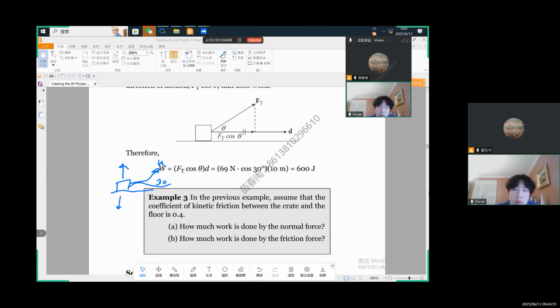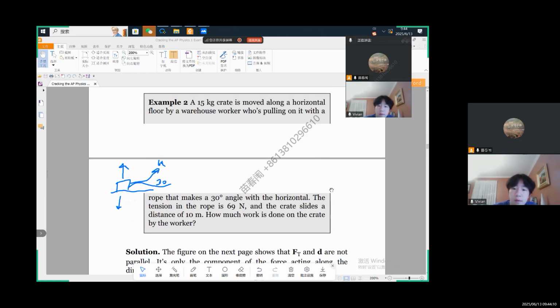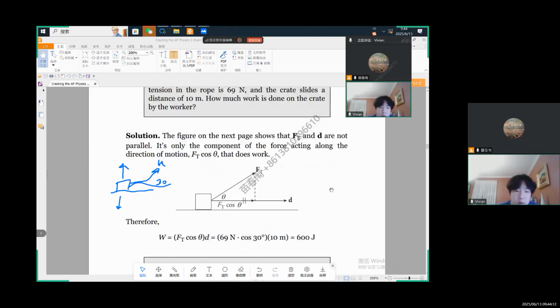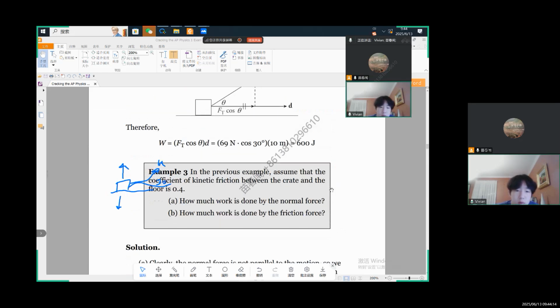Wait, how much did it say the crate weighs, or does it not say how much it weighs? 15 kilograms? 15 kilograms. Oh, 150 newtons.